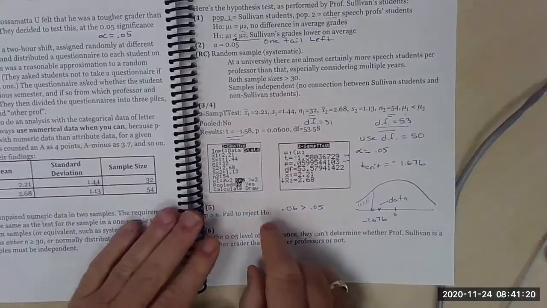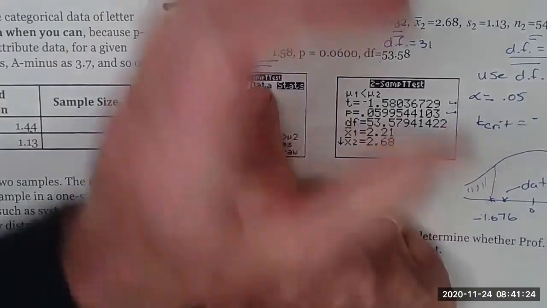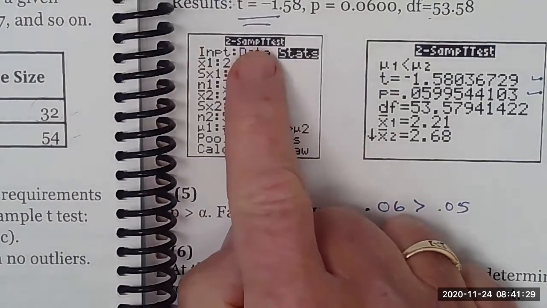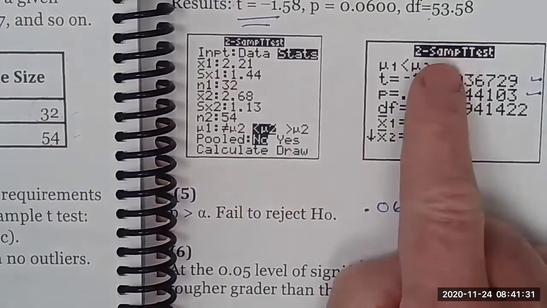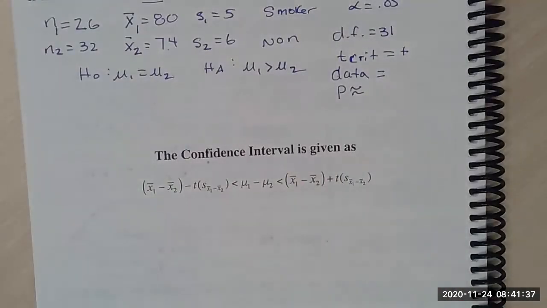So as you go back over here and you saw how they got this result, I'll zoom in. You can see what we're going to do is use a two sample t-test. That's the one we want, 2 sample t-test. Let's go over here, find the calculator.